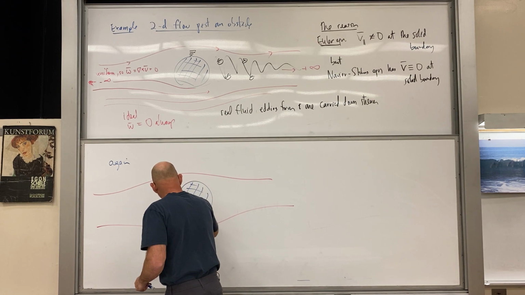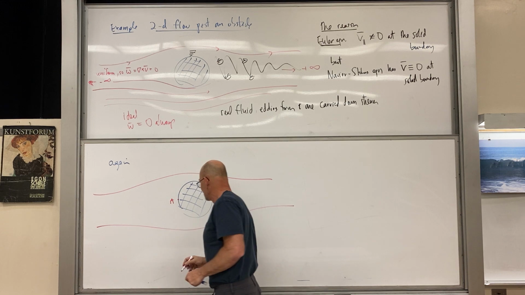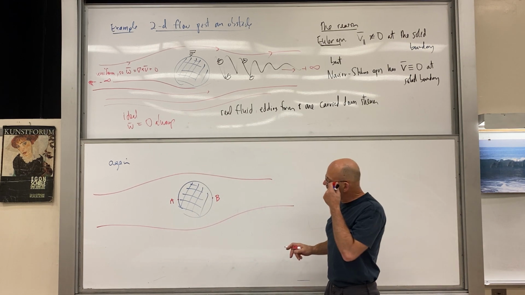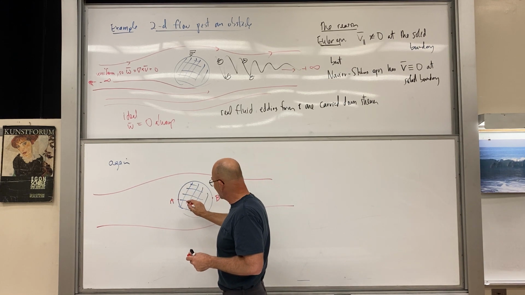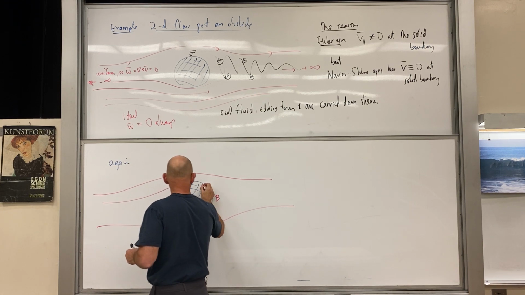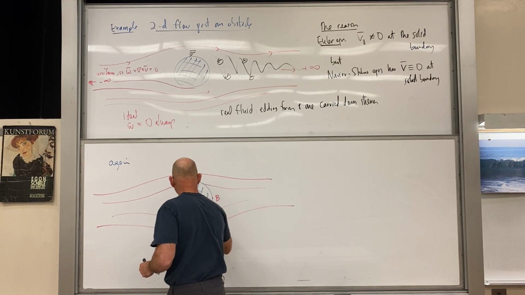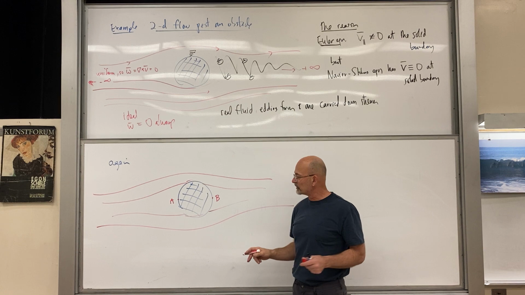And I'll label this point A and this point B. So regardless of the flow elsewhere, we can be sure that you could have something like this, right, going around here. But right at these points A and B, V is definitely equal to 0.